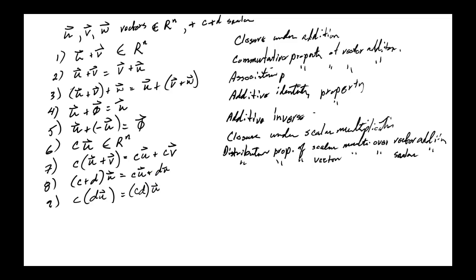Now, that is one type of an associative property of multiplication, but to me, you just can't say that. This is the associative property of scalar multiplication. Let's just say it there.